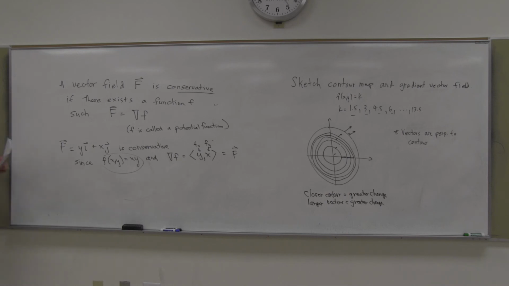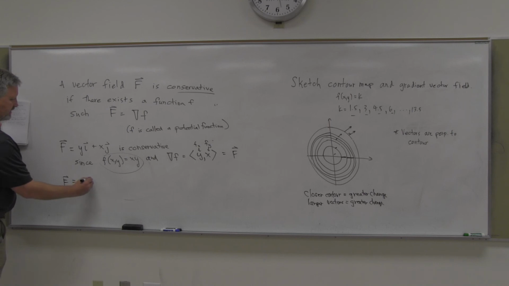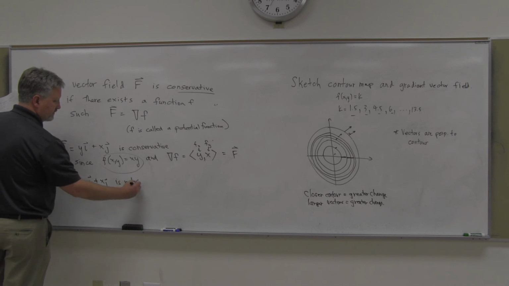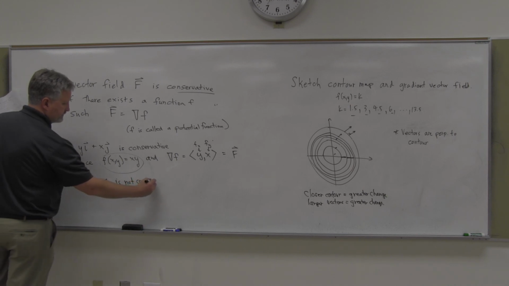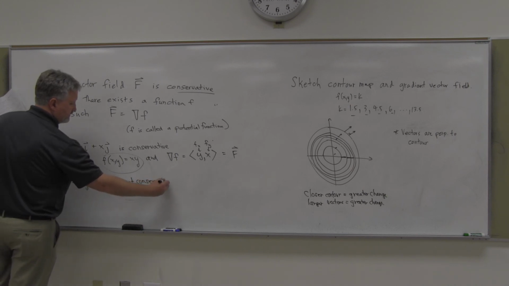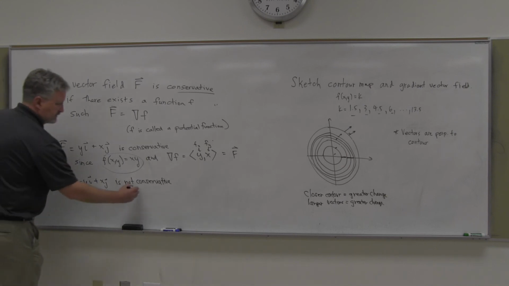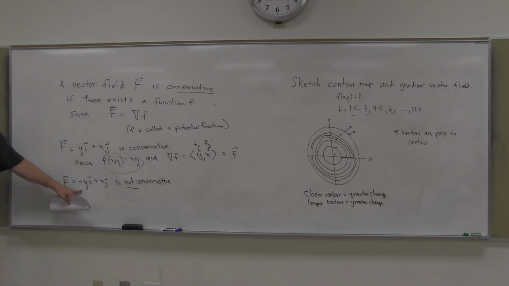If I change one little thing though, make it negative yi plus xj, that one is not conservative. We'll talk about how we can verify that, prove it. There's just no way to get a function whose gradient is that.